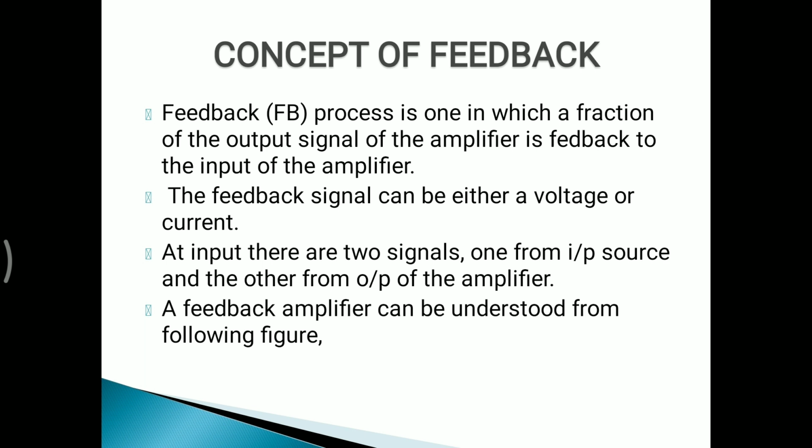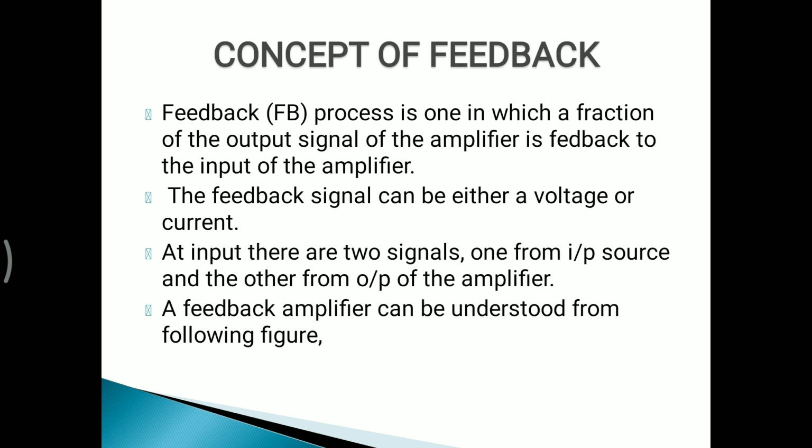The feedback signal can be either a voltage or current. At the input, there are two signals, one from the input source and another from the output of the amplifier. Why the output of the amplifier? Because the output signal of the amplifier is again fed back through the feedback network into an input signal.